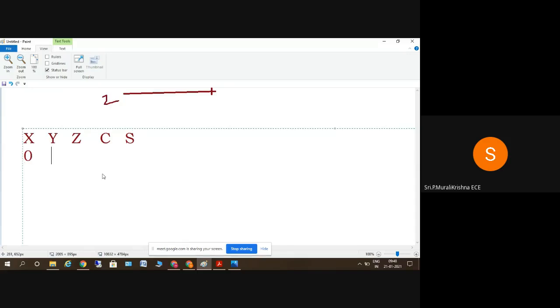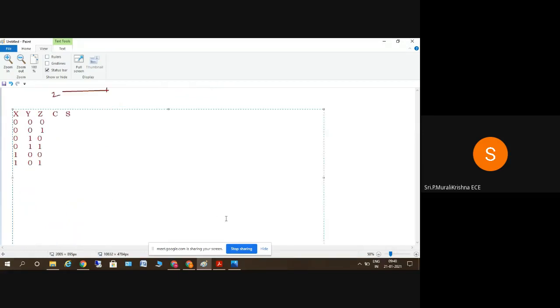Right. 0, 0, 0, 0, 0, 1. So write all the 8 combinations. 0, 1, 0, 0, 1, 1, 1, 0, 0, 1, 0, 1, 1, 1, 0, and 1, 1, 1.